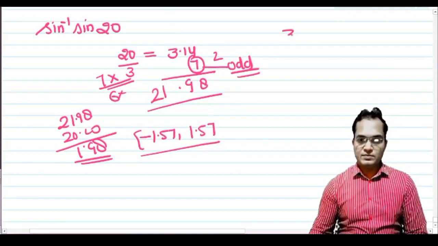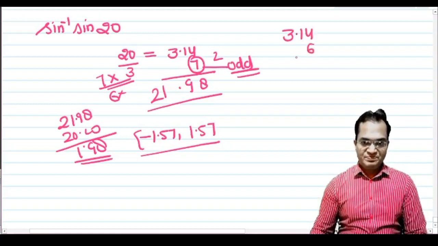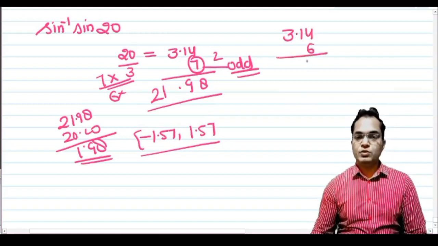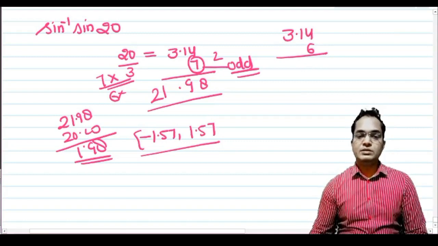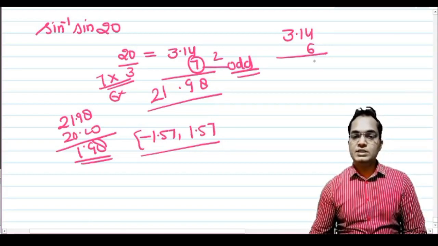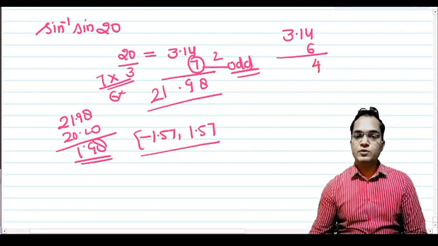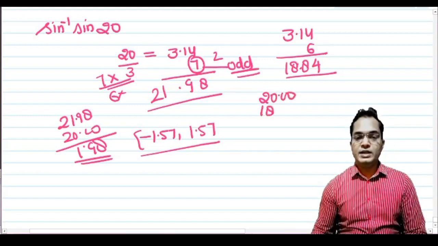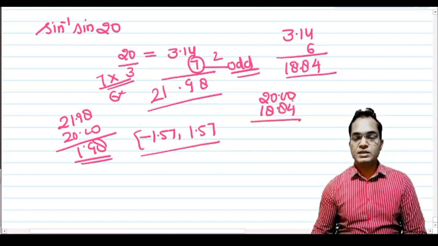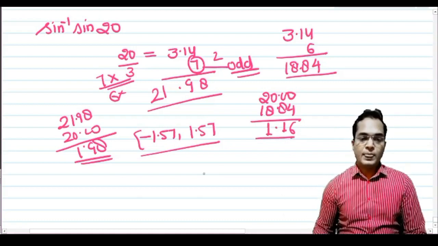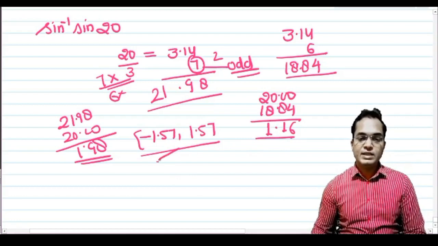Then we prefer 6. 3.14 into 6 is 18.84. 20.00 minus 18.84 is 1.16. Now it is obvious that 1.16 lies in this interval.